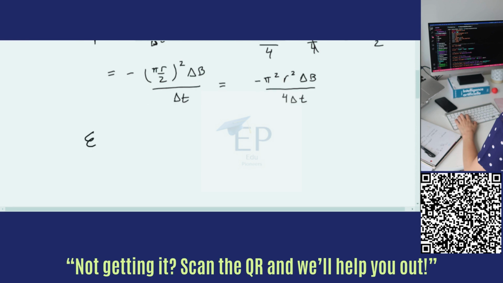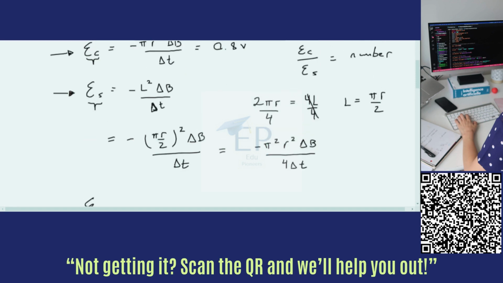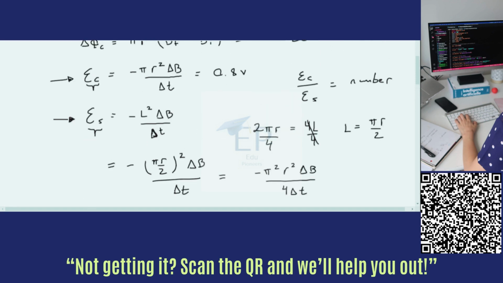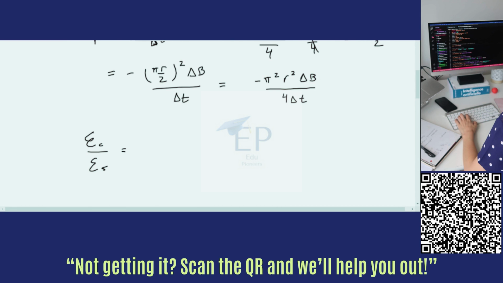So E circle to E square is just going to be pi r squared delta B over delta T, over minus pi squared r squared delta B over 4 delta T. Okay, so a bunch of stuff cancels, right?